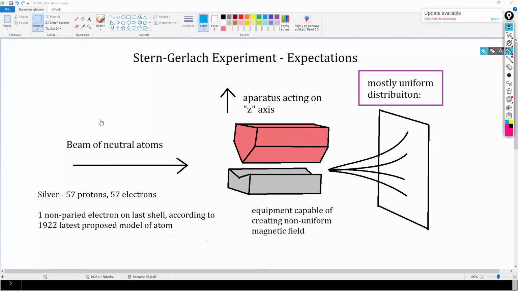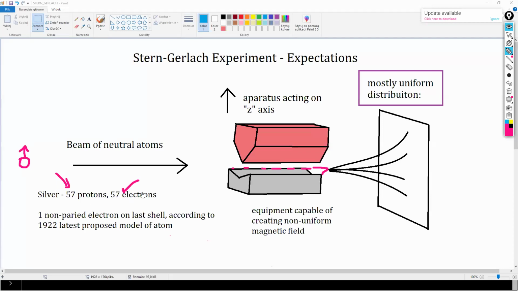The idea is that when we shoot a silver atom at an apparatus that has a non-uniform magnetic field, it should deflect or bend the trajectory of the atom in space while traveling through the apparatus in some way. At that time, the atom was believed to be like a tiny magnet.